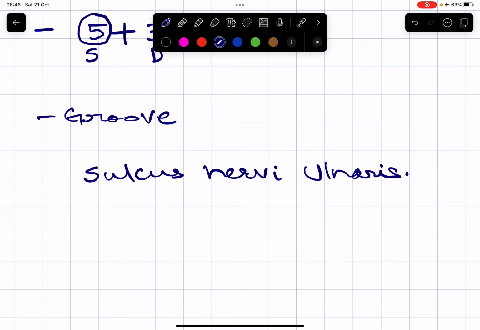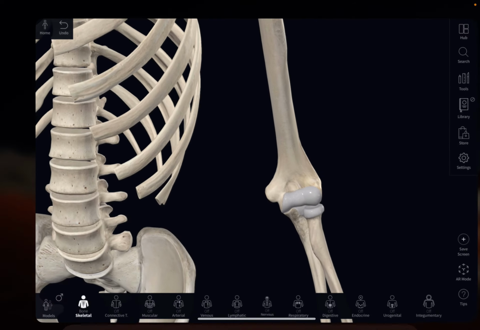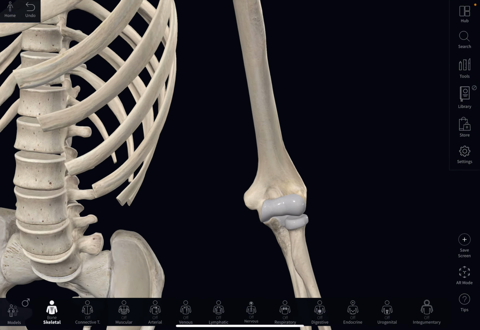Therefore, it is known as the sulcus nervi ulnaris, meaning a sulcus for the ulnar nerve. Simply means that, right? So that is seen on the posterior aspect of the humerus. So this is the front.